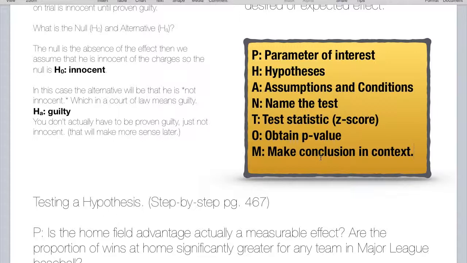So the question they're asking is this: could this deviation from 50% be explained from natural sampling variability, or is it evidence to suggest that there really is a home field advantage, at least in professional baseball?